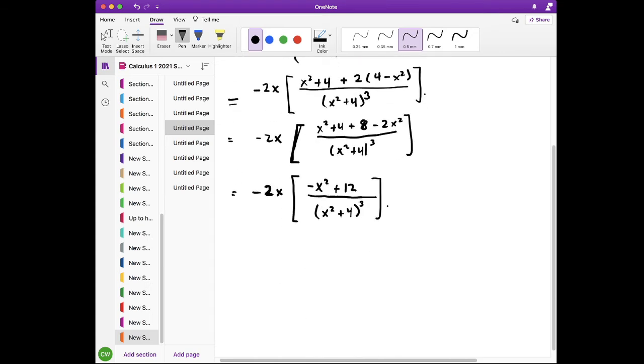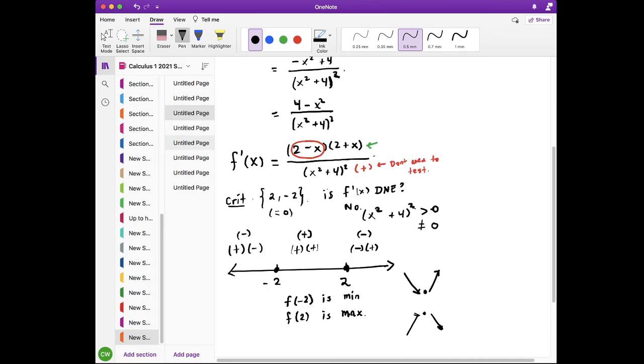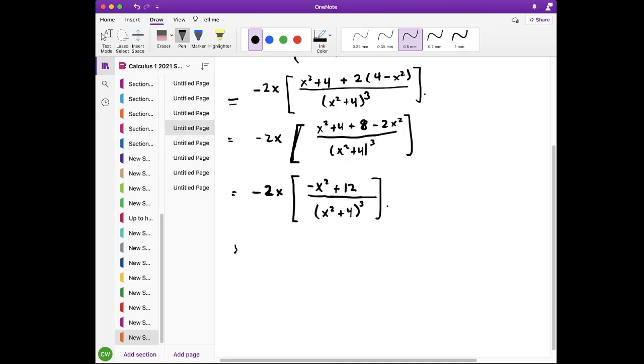Okay, so what were our points again? Our critical points, 2 and negative 2. Again, notice that the denominator is always positive, so we don't care about that. When you plug in 2, is the first factor positive or negative?